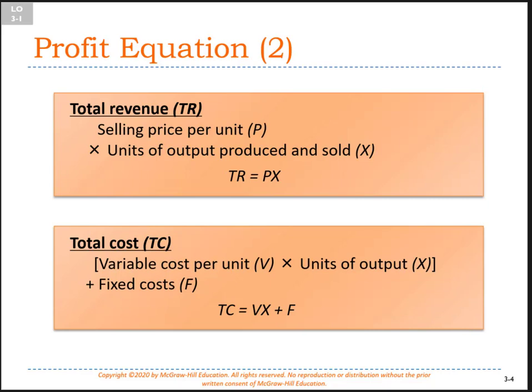But, so total revenue is specifically output sold times the selling price. The total cost, of course, is the variable cost per unit times the units of output, how many things we made, and add the fixed costs, because they aren't going to change, right?